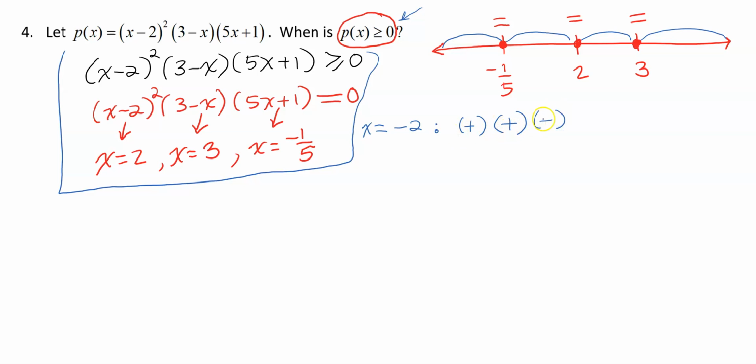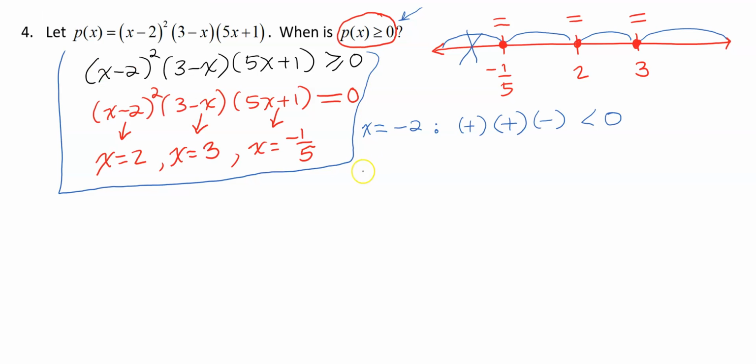Positive times a negative is going to be a negative number, and that's less than 0. But we want it to be greater than 0, so this is not a solution for what we are trying to look for.